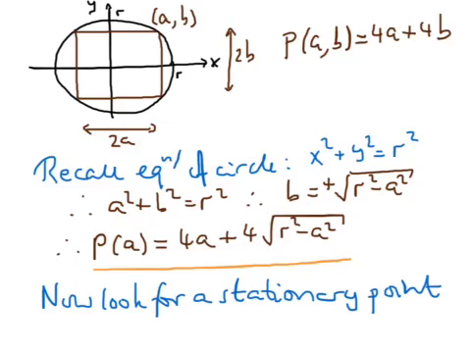So what I'm going to do on the next slide is just write out this equation again for the perimeter purely in terms of a, and I'm going to differentiate it with respect to a and see at what value of a we have a stationary point. So let's move on to the next slide.